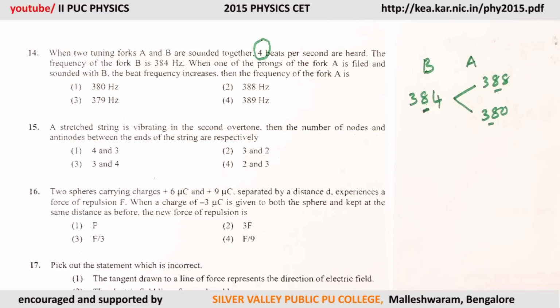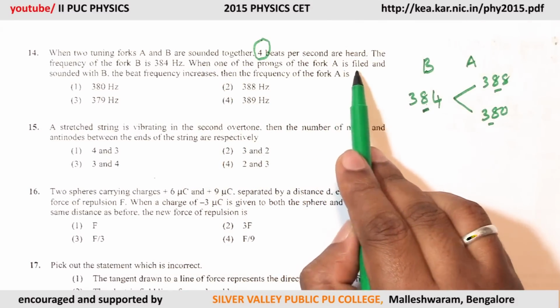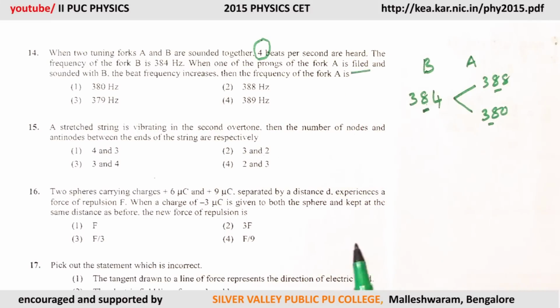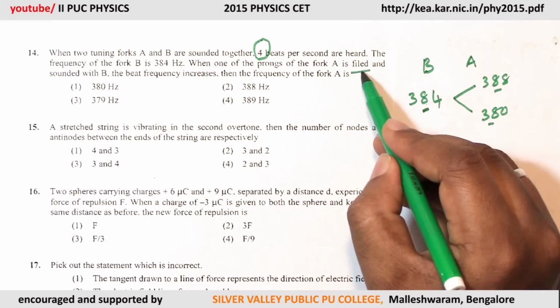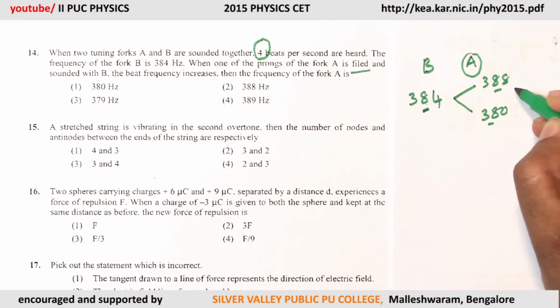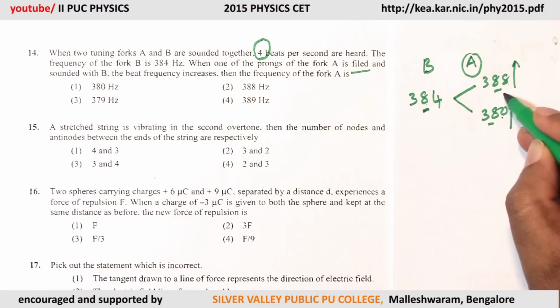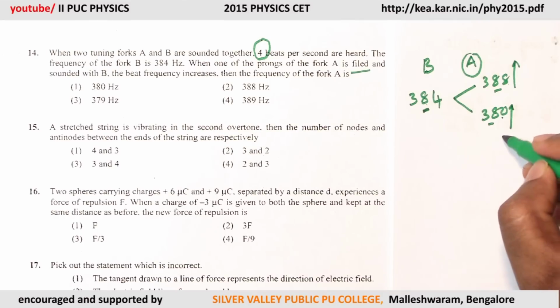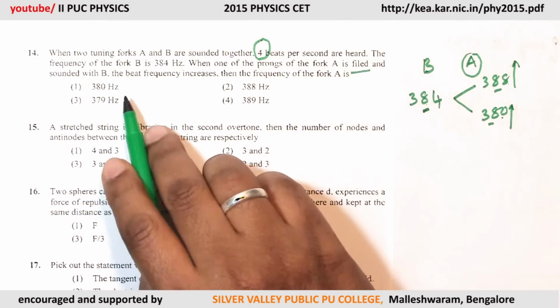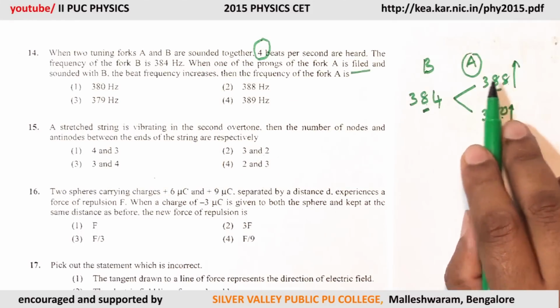Okay. When one of the prongs of A is filed, filing increases the frequency. So A is filed, so the frequency of A increases. There are two possibilities. Let us assume 388 increases. Then the beat frequency increases. By filing, beat frequency increases.